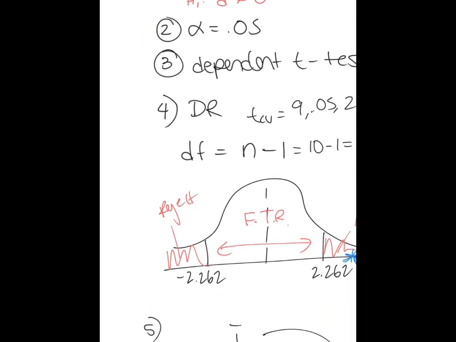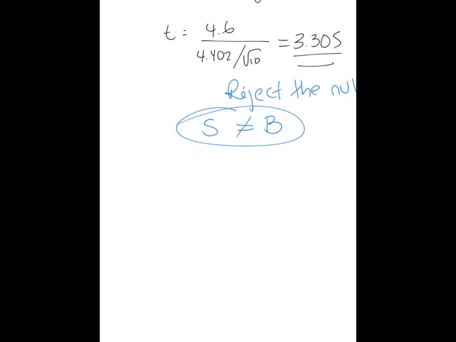And for our p-value, so step 6, we would have 9 degrees of freedom. 3.3 is somewhere between 0.005 and 0.01 and 0.0001.